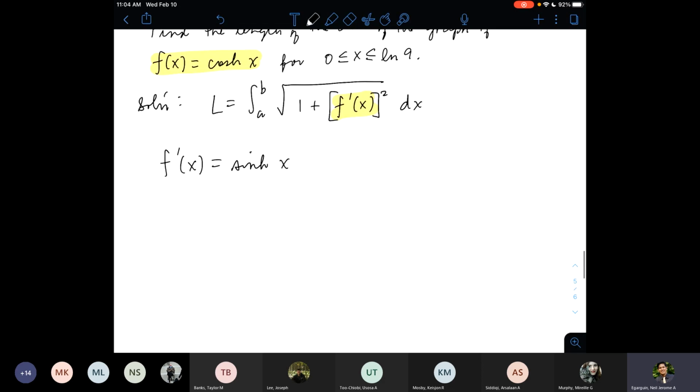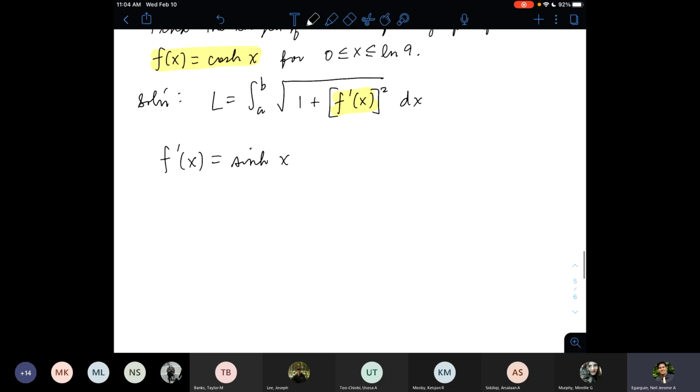They will still be required for your test number 2, because all topics in Cal 2 rely one way or the other on topics from Cal 1. Then if I square this, I'll get f prime of x quantity squared, which is hyperbolic sine squared of x.